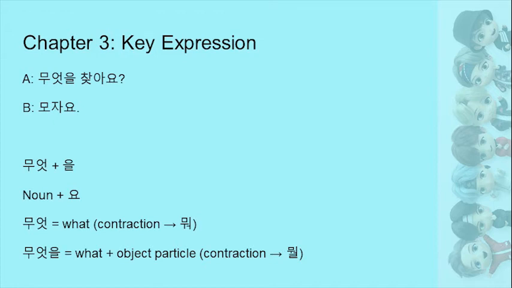So you might actually see it written as 뭘. That's more colloquial, people typing on the internet or just in speech. People might say it like that, but in our textbook, it is written out all the way because that is technically the correct original form of this word. But I just wanted to let you know that those two contractions do exist, but they are the same thing as the longer form, just contracted.